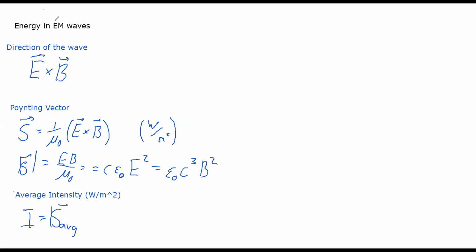We're going to take the magnitude of that, which is just 1/2 c epsilon 0 E max squared. Or I could do either one, magnetic field or electric field, it doesn't really matter.